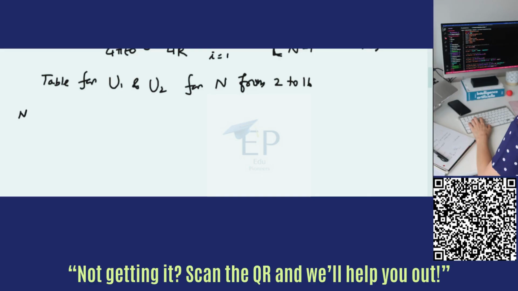For n is equal to 2, U1 is 0.5, U2 is 1. For 3 electrons it is 1.73 and 2.5. For 4 electrons it is 3.83, 4.73. For 5 electrons it is 6.88, 7.83.